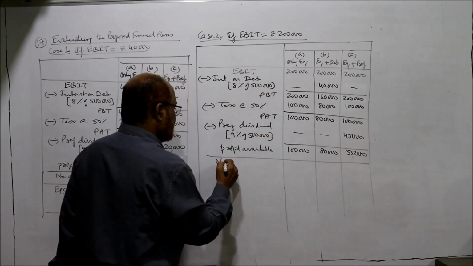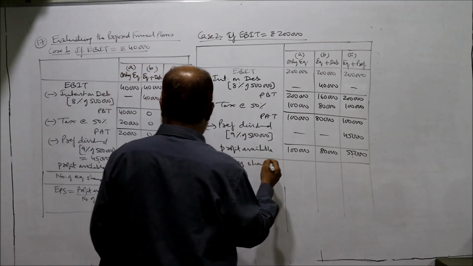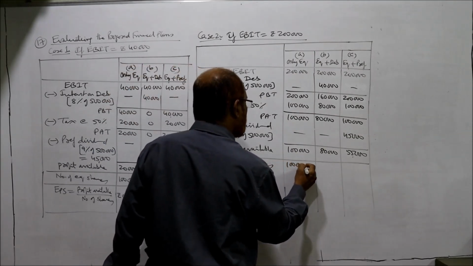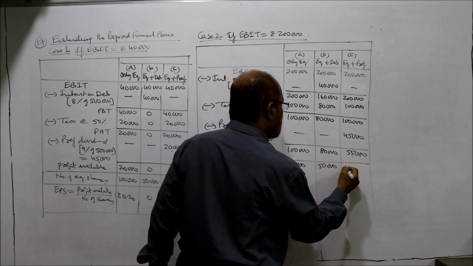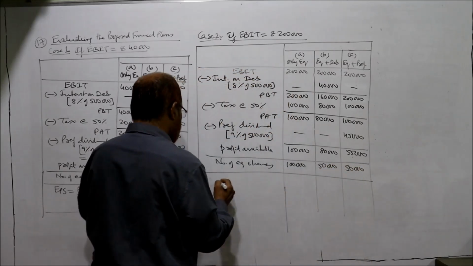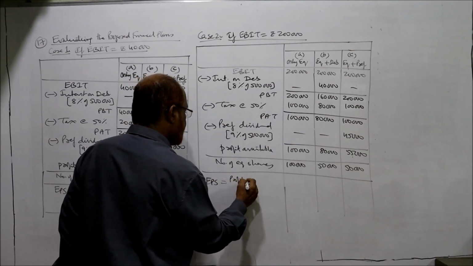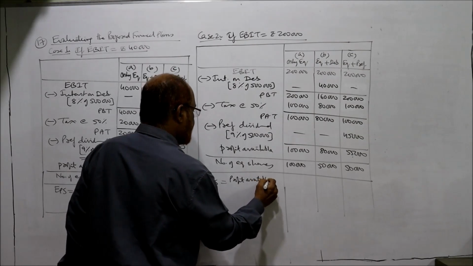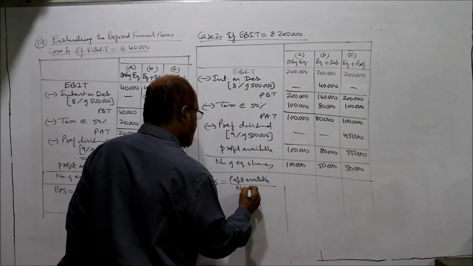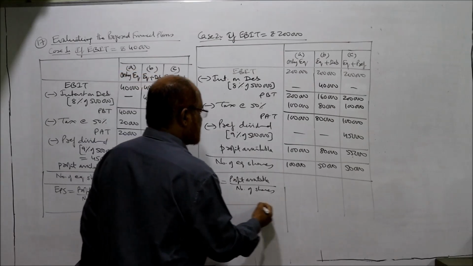Now we take number of equity shares. In the first case we have 1 lakh shares. Here 50,000, here 50,000. EPS: profit available divided by number of equity shares.